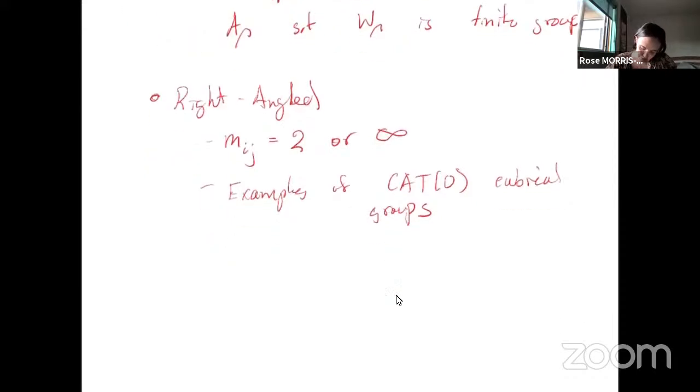And then some other types of Artin groups. Here's another piece of notation for you.